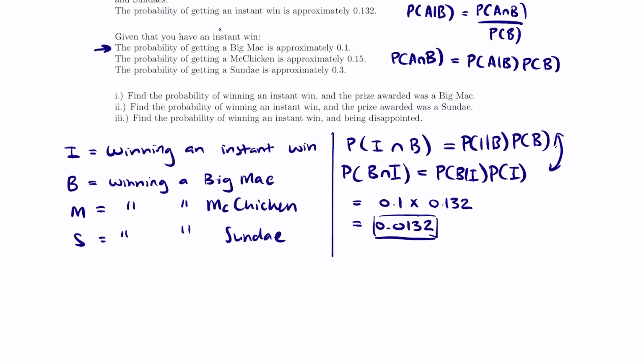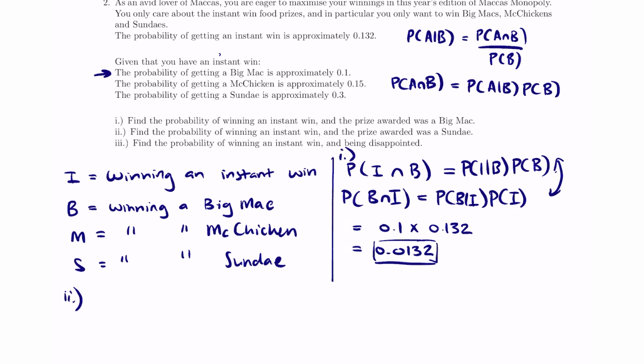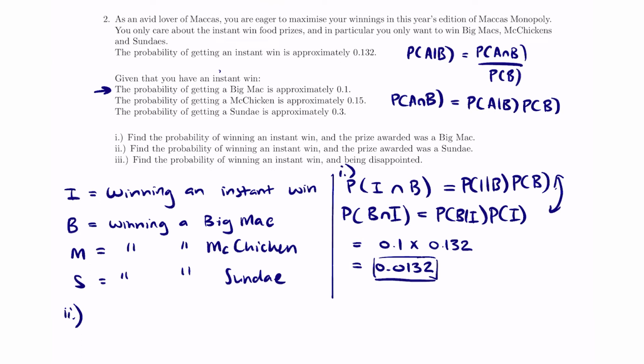So let's do part 2 now. Let's say this is part I. What's the probability of getting an instant win, and it was a Sunday? So this is the probability of Sunday intersect instant win, which is the same as the probability of Sunday given instant win multiplied by the probability of getting an instant win.